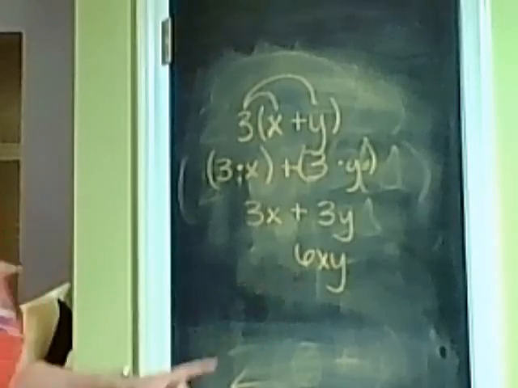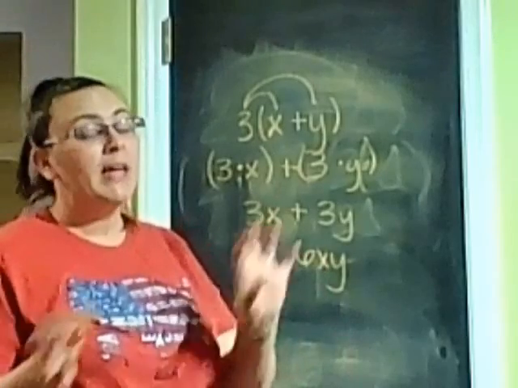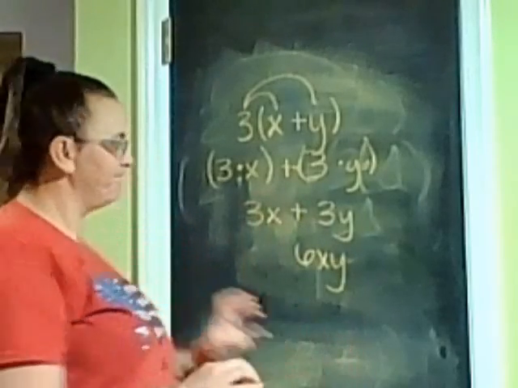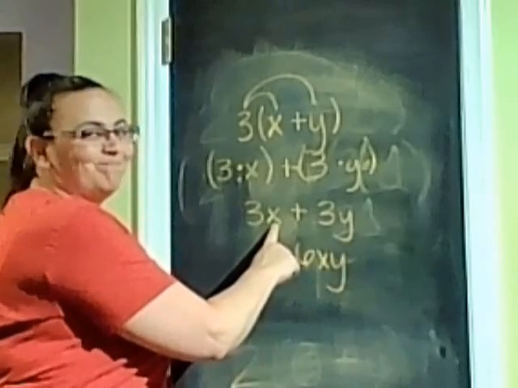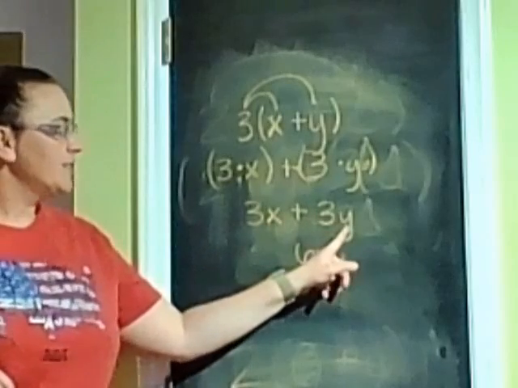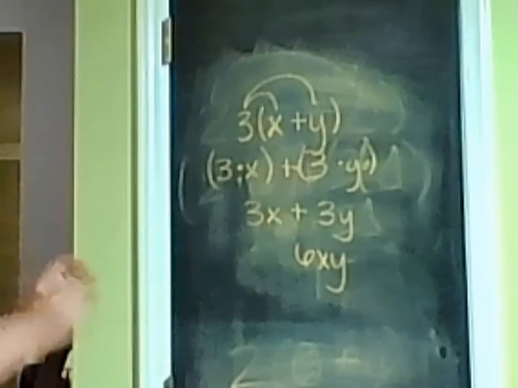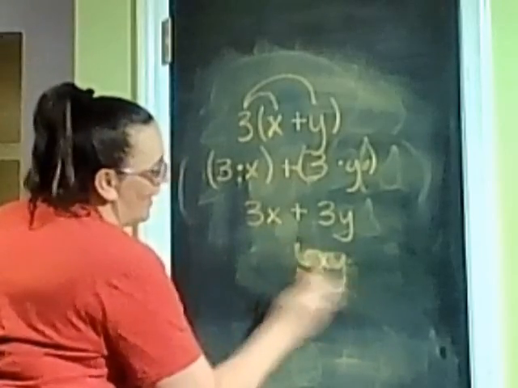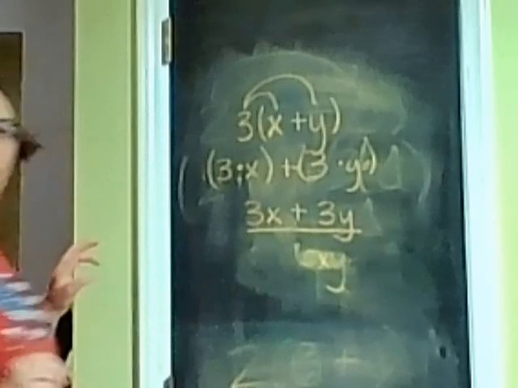Well, remember when we talked about the fruit, I said you have to have the same variable and the same exponent. Are these the same variables? No, they're not. This is like the pear, and this is like the orange. We can't combine them. So 6xy is not going to work. This is as far as it goes.